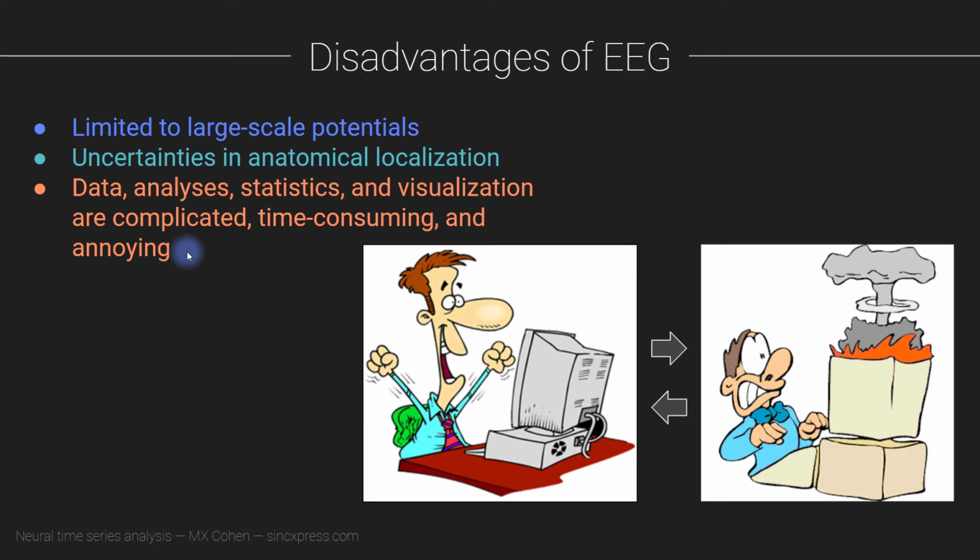That is a real disadvantage. It can take a long time not only to learn how to analyze EEG data properly, but also even once you are comfortable, once you're an expert at analyzing EEG data, it can still take quite a bit of time.